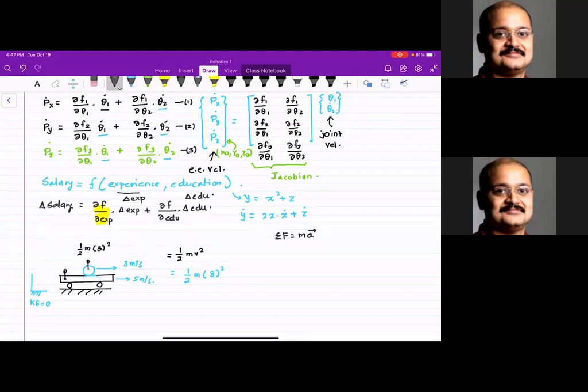Forces will also be with respect to some frame that is fixed to the ground. This mass is a scalar, so it doesn't matter. In terms of Newtonian mechanics, the mass of the ball is going to be fixed. Everyone understood this? This is super duper important. Any other questions?